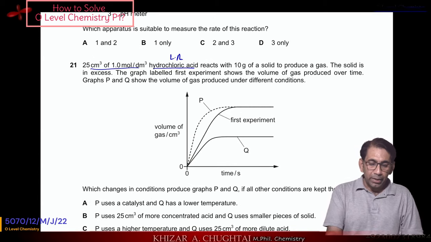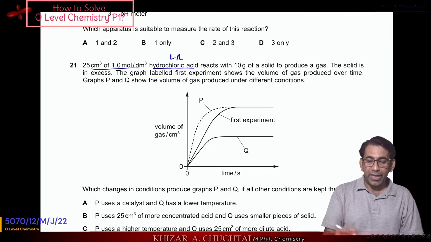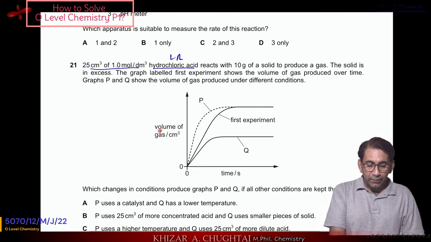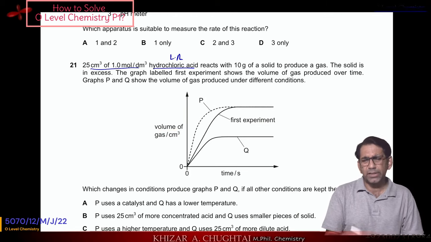The graph labeled first experiment shows the volume of the gas produced over time. Graph P and Q show the volume of the gas produced under different conditions. You can see that the volume is on the y-axis, and this may be the CO2 gas or any other gas, it may be hydrogen gas.